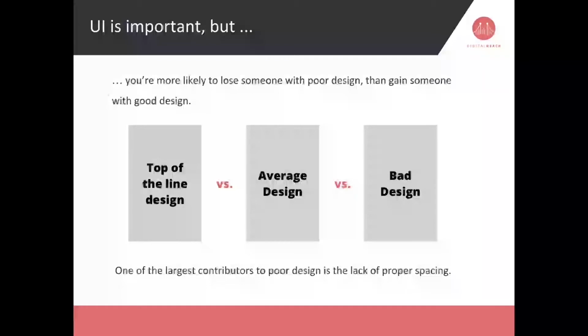We compare that to just an average design that is functional, but it doesn't stand out in any way, versus a bad design, something which uses colors poorly, something which has horrible typography and doesn't enhance the ability to actually read it. We're going to get a lot more negative points being in the bad design category than positive points if we are in the top of the line design.